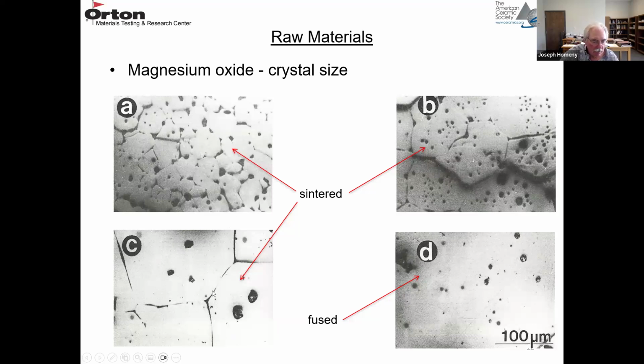And then you can see the grain boundaries and some of the impurities that are located at the grain boundaries. And D is a crystal or part of a crystal from a fused cast process. There's no grain boundary here. The crystal is larger than the field of view here. So these are probably large centimeter-sized crystals, but it still has some internal porosity.